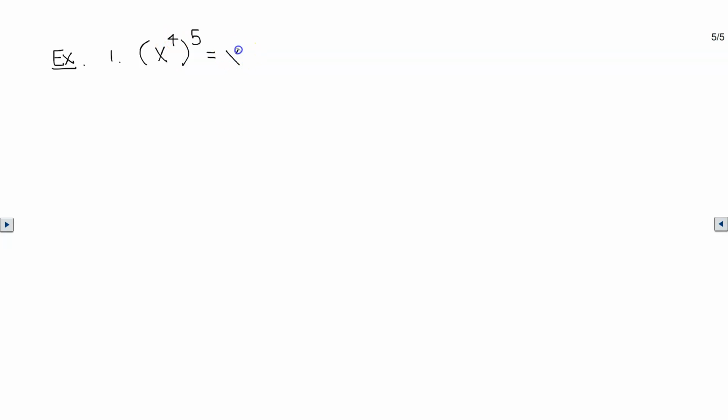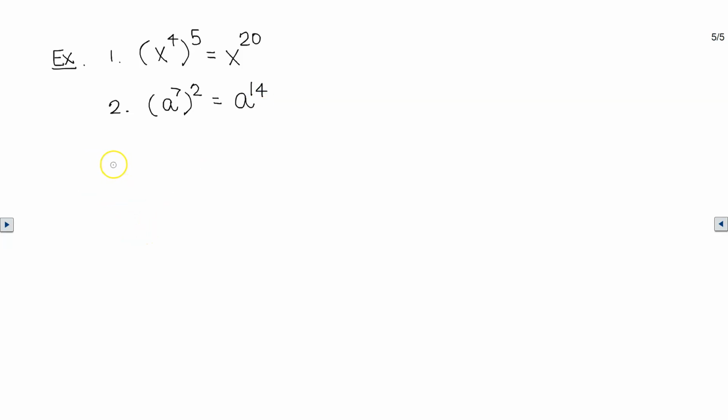So this would be x to the 20th power. Okay, if I have a to the 7th power, and I want to square that, I would multiply these two exponents together, and that would give me a to the 14th power.